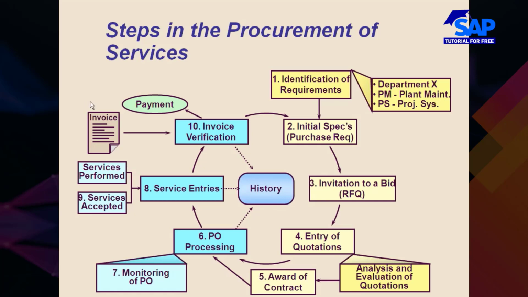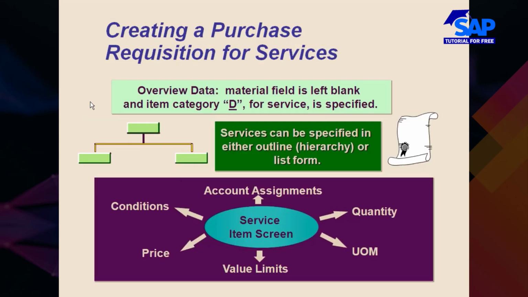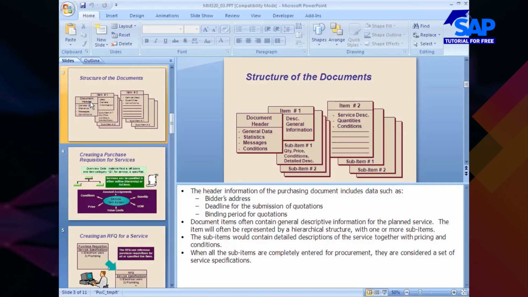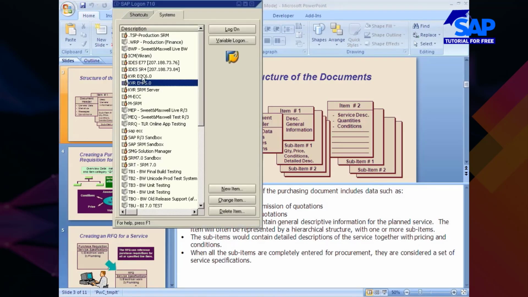So these are the 10 steps available in the service procurement. Now, the structure of documents, as you could see here. What I can do is go and create a requisition. Let's have a look at it.